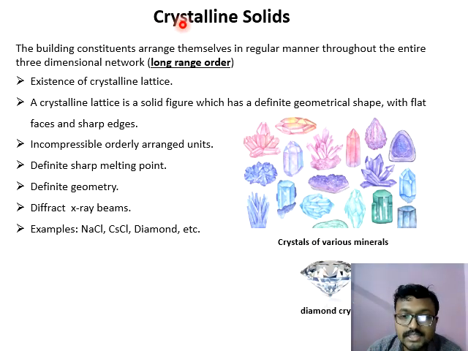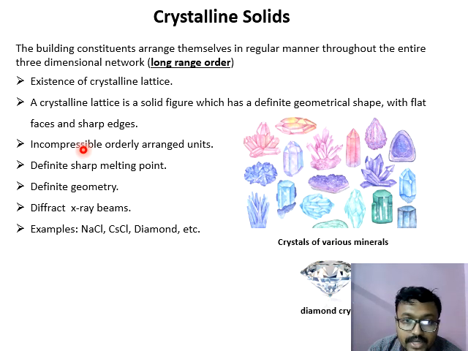Next, characteristics of crystalline solid. The first characteristic of crystalline solid is the existence of a crystalline lattice. A crystalline lattice is a solid figure which has a definite geometrical shape. You can see there are different definite geometrical shapes. It will have flat faces and sharp edges.